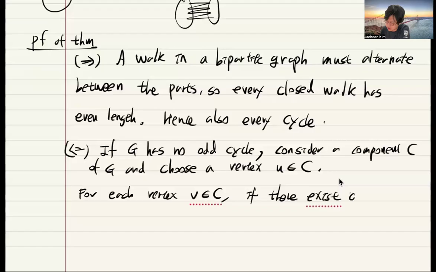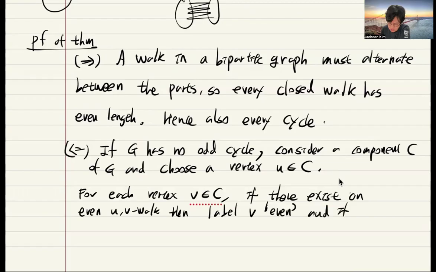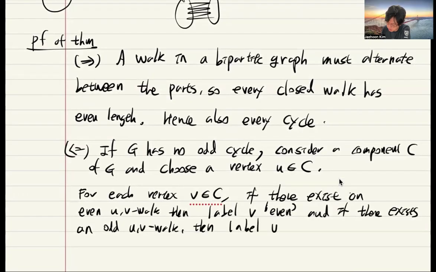So if there exists an even uv walk, then we label v as an even vertex. If there exists an odd uv walk, then we label v odd.